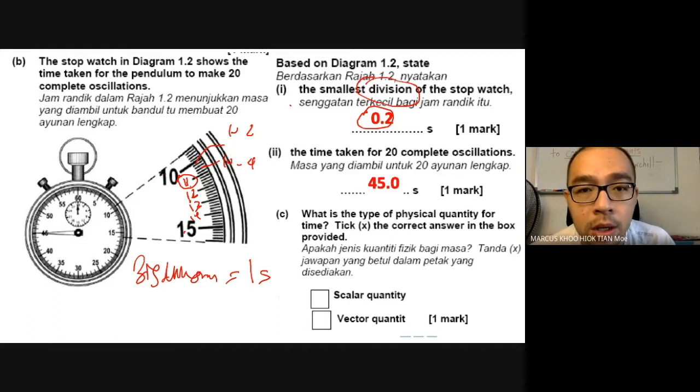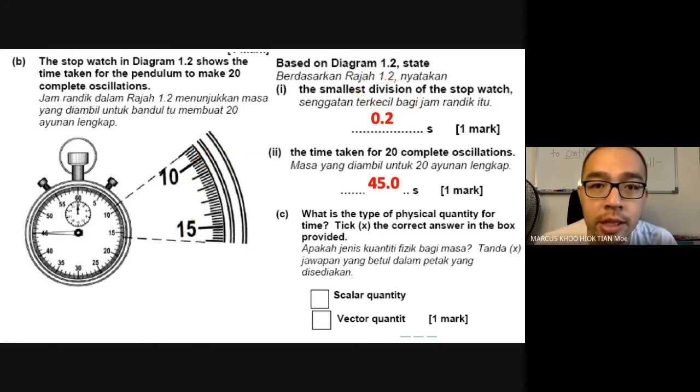Now, because there is a decimal place in the division, the division tells us two things. Number one, how many decimal places all your readings must take. That's why you see here there is a 45.0.